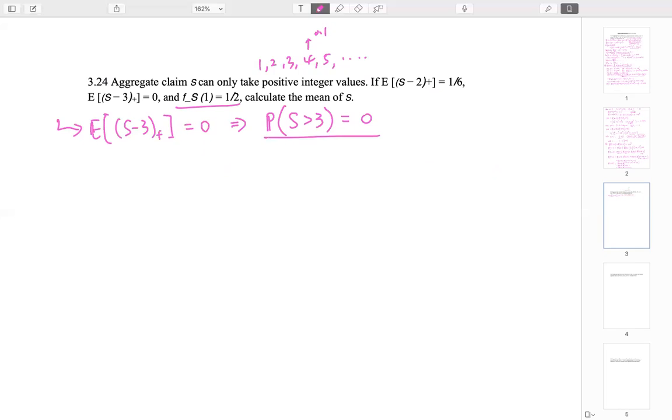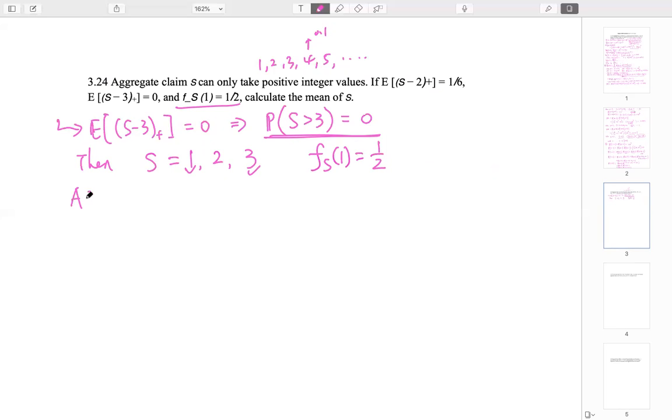So this tells us a lot of information, right? If there's no way that your S is bigger than 3, then your S can only be 1, 2, and 3. And we already know the probability that S is 1 is 1/2. Then we just need to figure out those two, right? Actually, one of them.